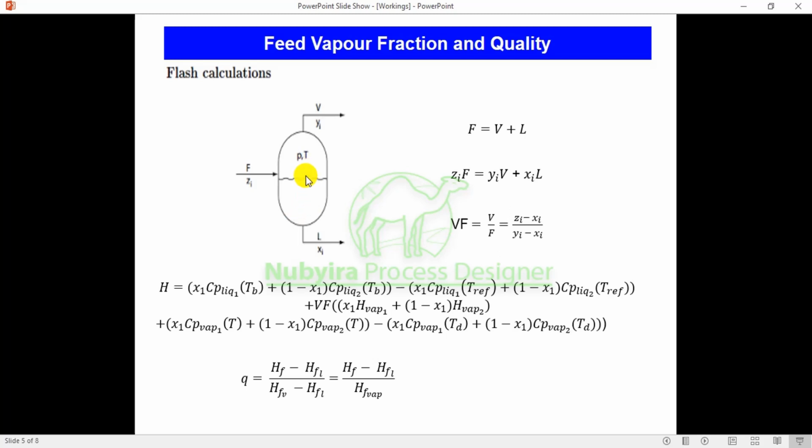So for the system to be in equilibrium, the partial pressure of that component in the vapor phase is equal to the saturated pressure coming from the liquid phase. So that's just the idea of this equation.